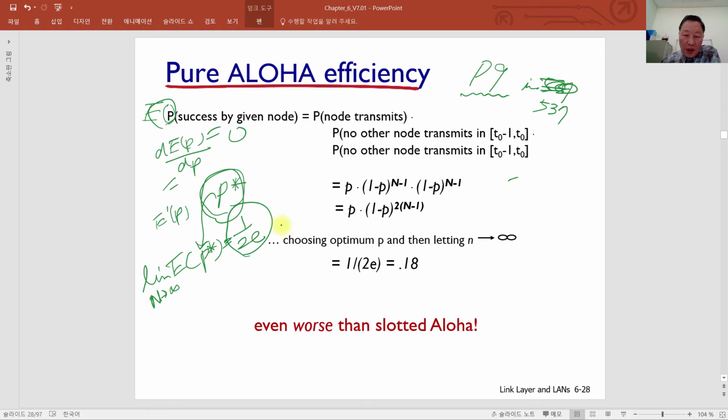Thus, if we are using Euler's number, then this one is this. Even worse than the slotted Aloha scheme. Okay, please keep this in mind instead of the derivation. Pure Aloha has more freedom, but less efficiency.